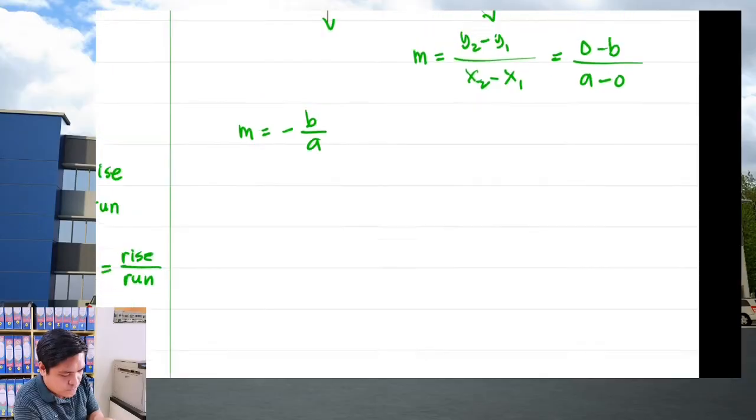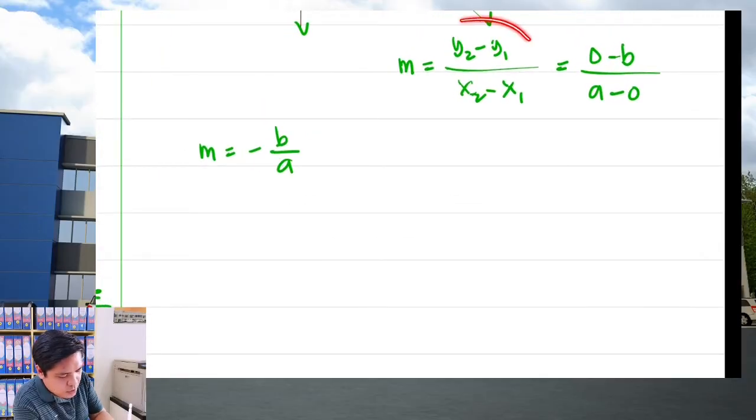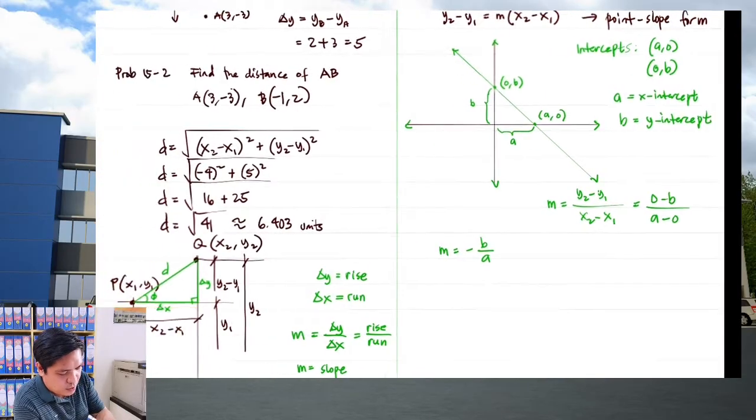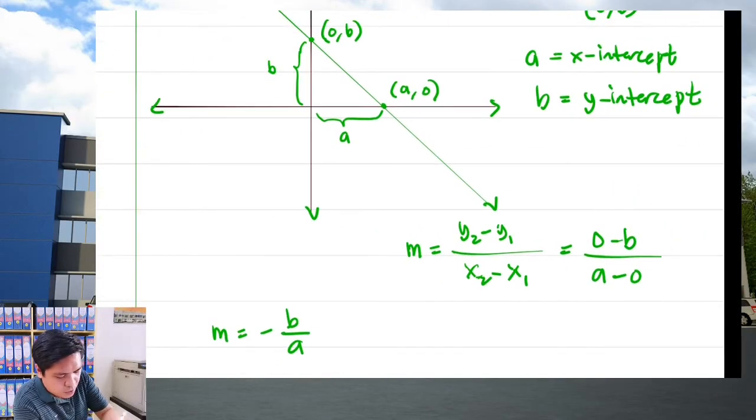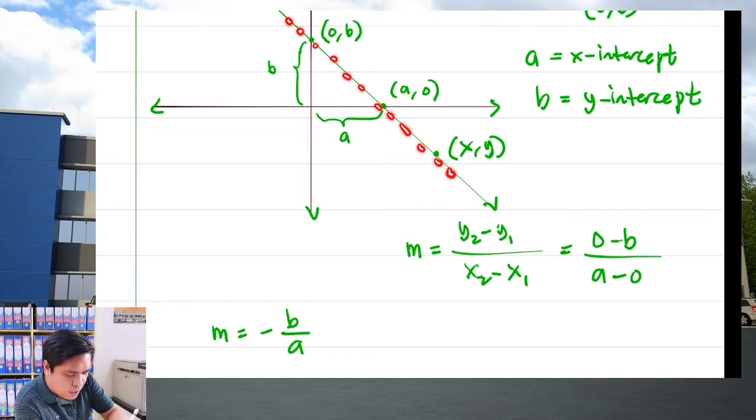Now, if we return to this equation, at any point, let's introduce another point. Let's say this point here, let's denote this as xy. By the way, all points within this line are xy.